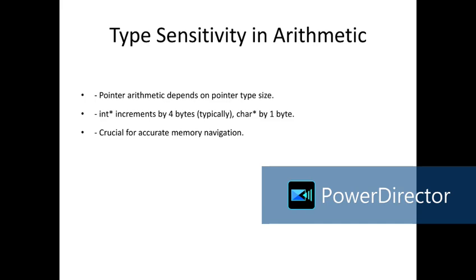This matters because misinterpreting types leads to bugs. In memory manipulation or serialization, use char casts to move byte by byte. Use int or double pointers for logical data transfer.